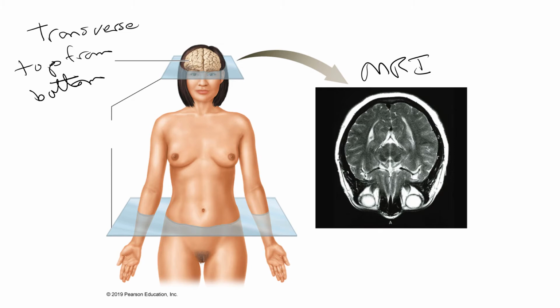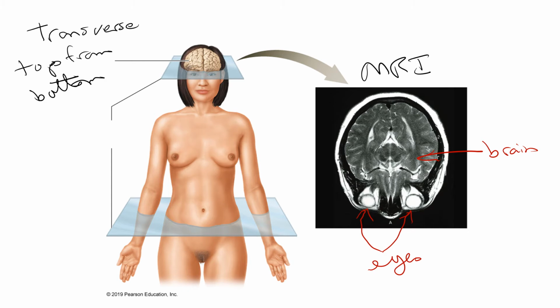So here's an eyeball, and here's an eyeball. So there's the eyes, and this is the brain here. So this is a section across the skull. That's a transverse section across the skull through the brain and the eyes as well. So transverse section divides the body top from bottom.